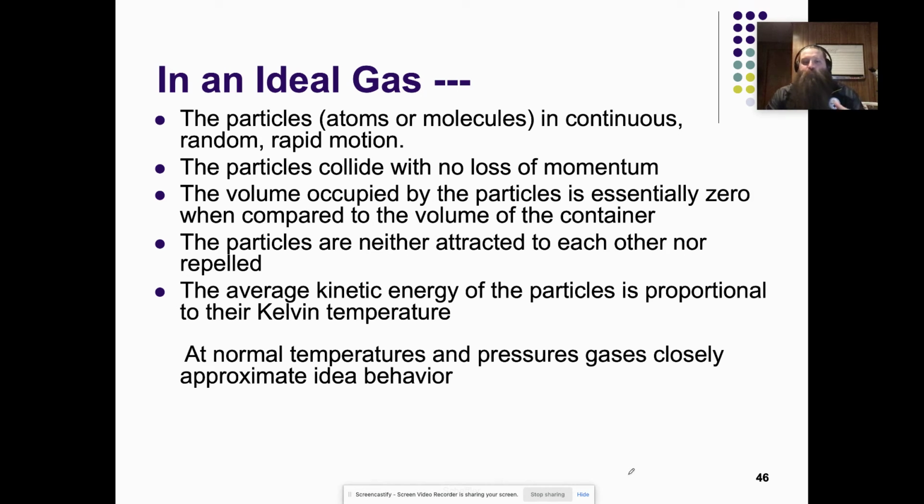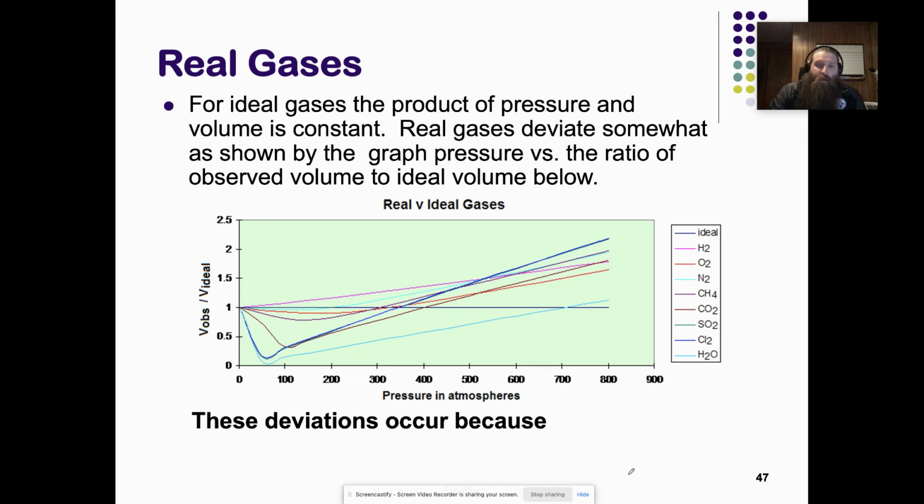Now, again, at normal temperatures and pressures that we see in our day-to-day lives, gases are going to approximate this. But once you get outside of those normal pressures, then you start to get huge deviations. So this line right here that's nice and flat, that's the ideal gas, okay? And you can see down here on the x-axis, we have pressure in atmospheres. Well, one atmosphere of pressure is right there, right?